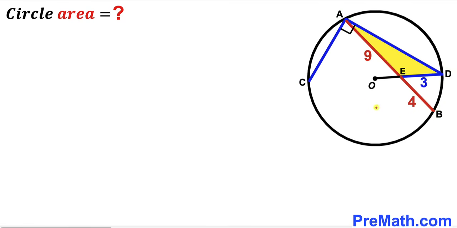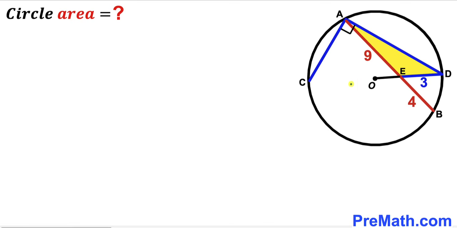And now our task is to calculate the radius. I'm going to label that one lowercase r in order to calculate the circle area. And we know our radius is OD length, and the only info that has been given to us is that this tiny segment ED length is 3 units.